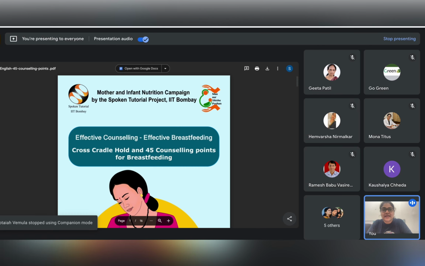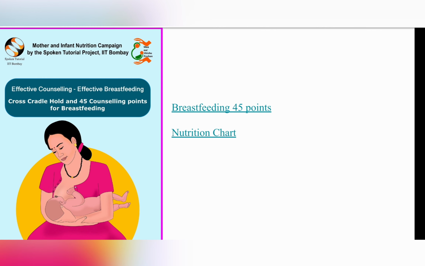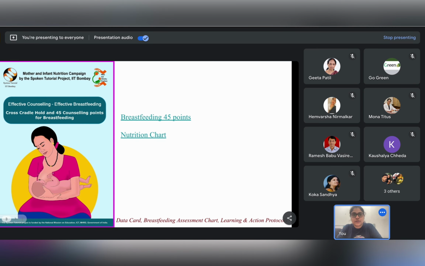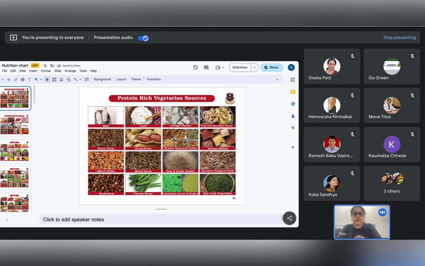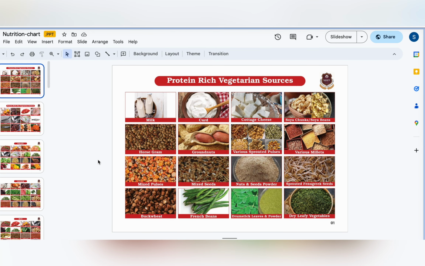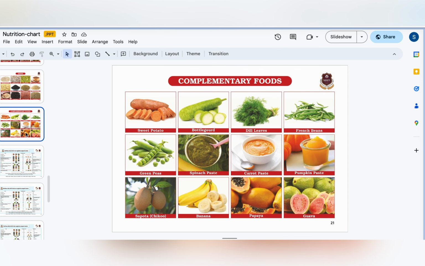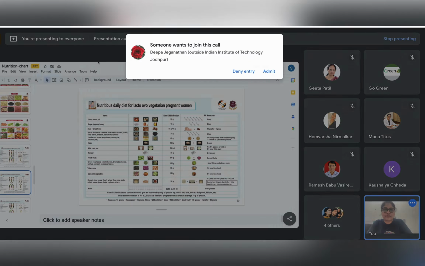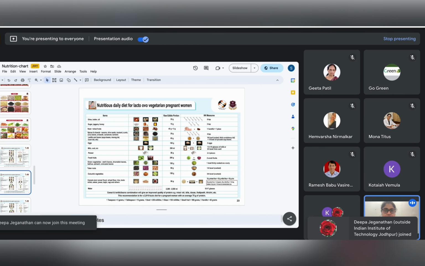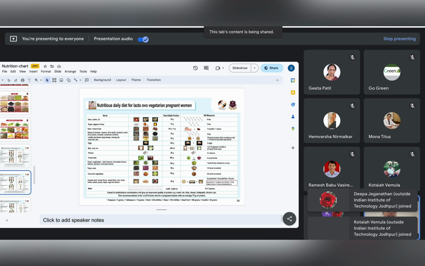And next, if you click on the nutrition chart, the nutrition chart is also available for you in PPT form. So you can go through these slides as well. Very soon you will be getting the PDF forms of the different charts, the nutrition chart, the different forms, the data cards and everything.